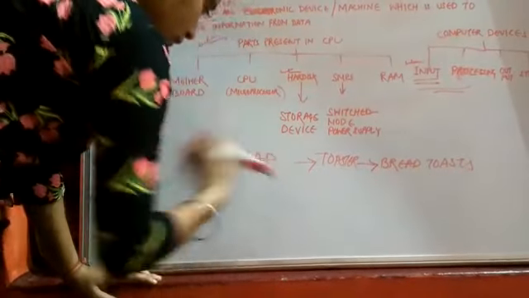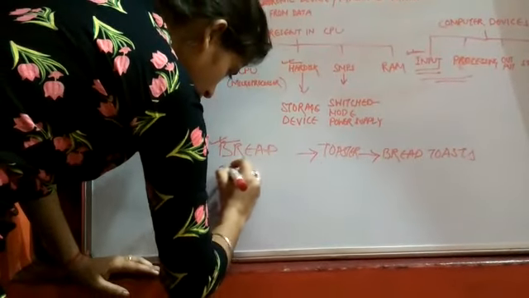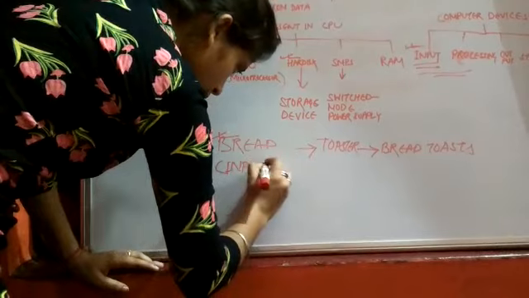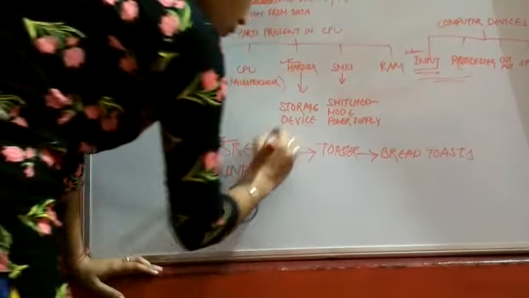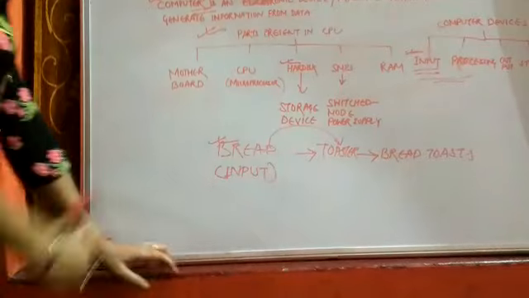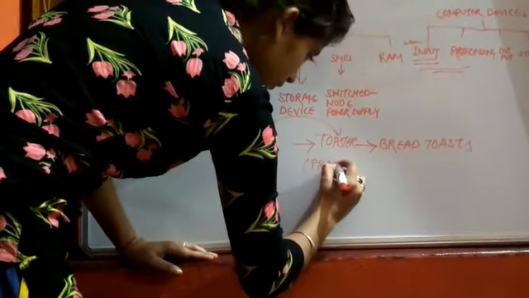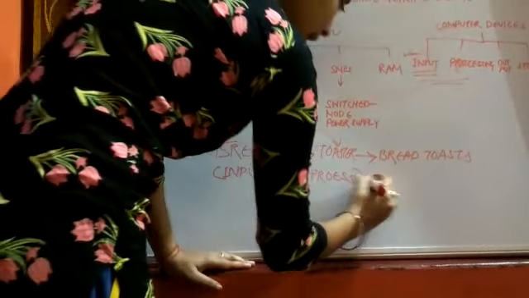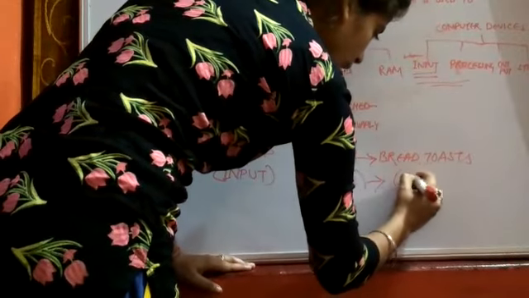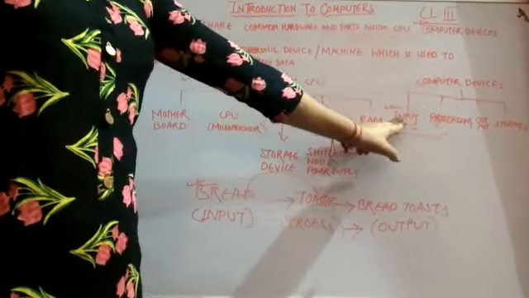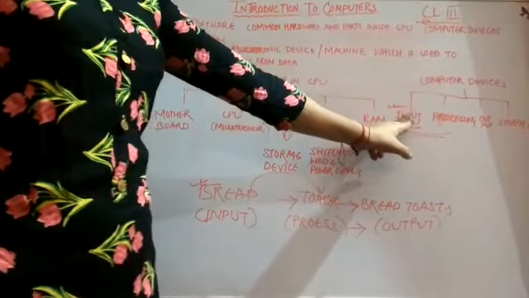If you want to have a bread toast, first of all we need a bread, which we can take as input. We are going to give an input to the toaster. So this toaster will process it, and the bread toast will be the output, that means the result.